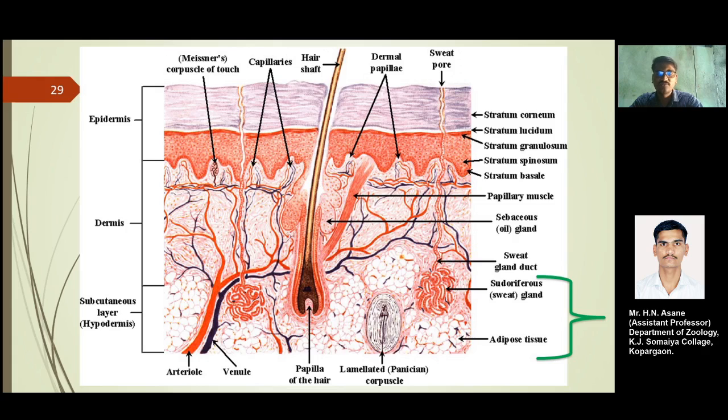We have seen the five layers of the epidermis: stratum corneum, stratum lucidum, stratum granulosum, stratum spinosum and stratum basale. In the dermis we have seen the papillary layer, and the arrector pili muscles connect the stratum basale, that means the epidermis, directly to the subcutaneous layer, the hypodermis region.